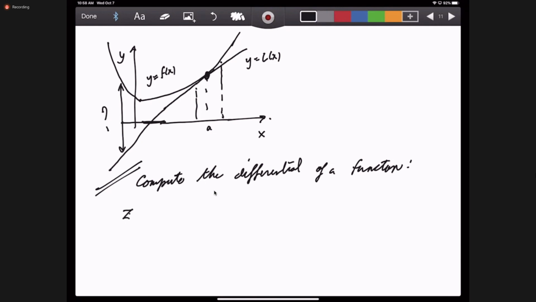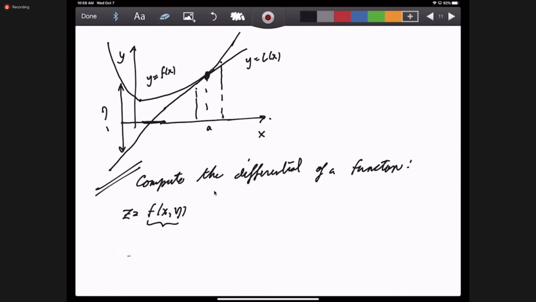So we have z equals f of x, y. This is the function. dz would be the differential, or df. Sometimes you use the notation df.